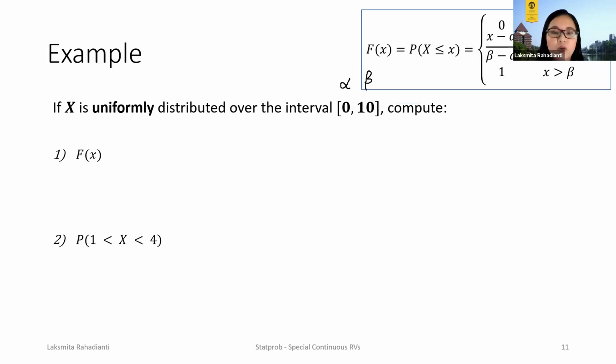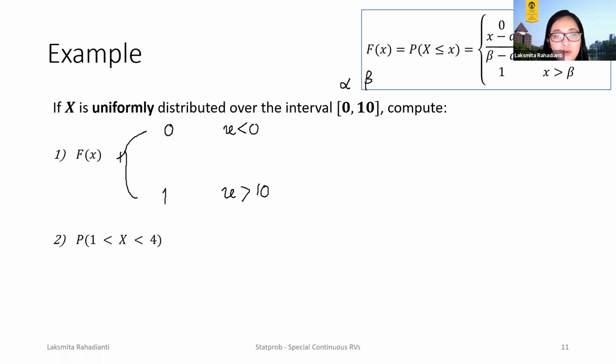So if we were to compute the CDF, let's do that immediately. It would obviously be 0 for X lower than 0, because our interval starts at alpha 0. And it would be 1 for all X larger than 10, because that's when we stop having the uniform distribution.